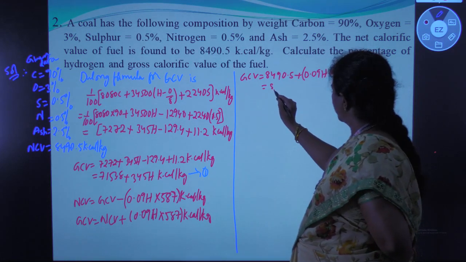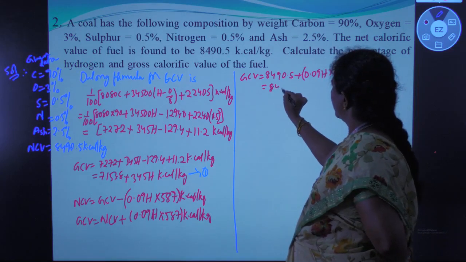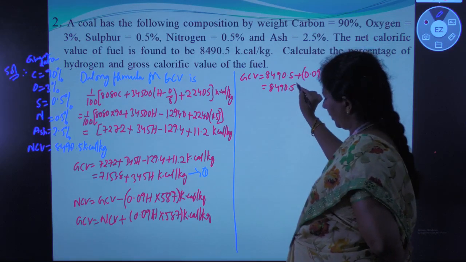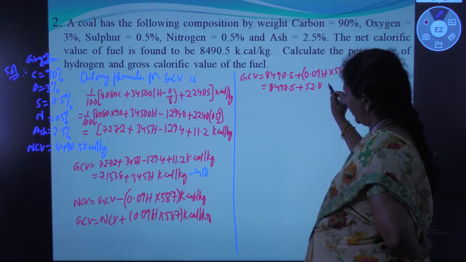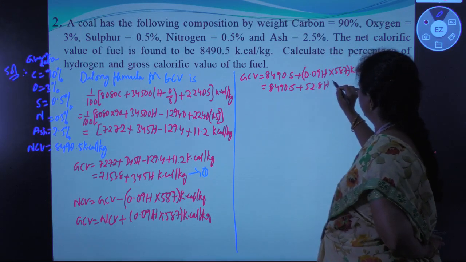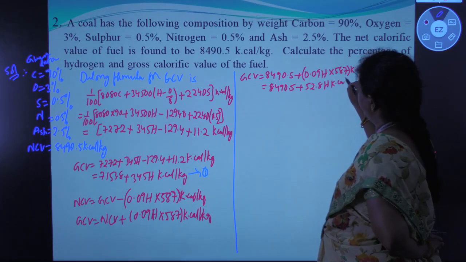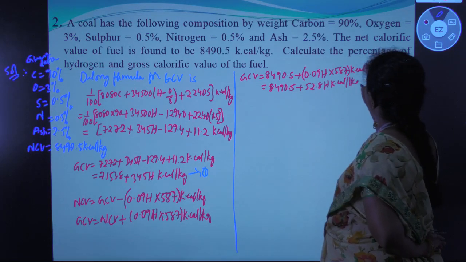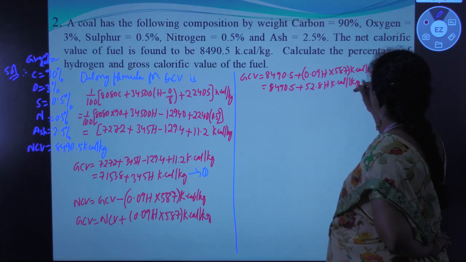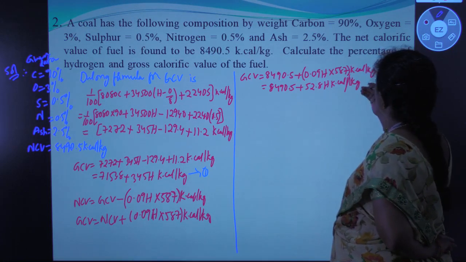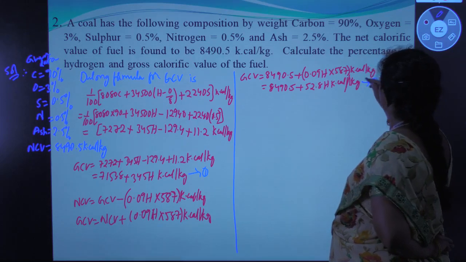So this will be equal to 8490.5 plus 52.8 hydrogen kilocalorie per kilogram. So let this be equation 2.